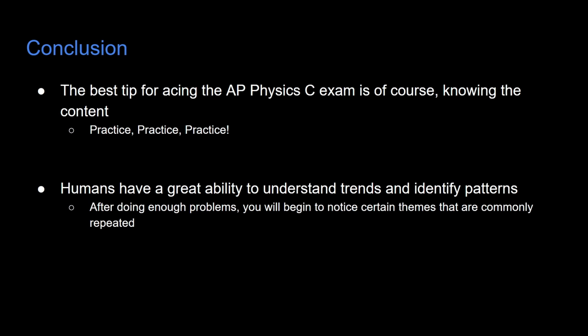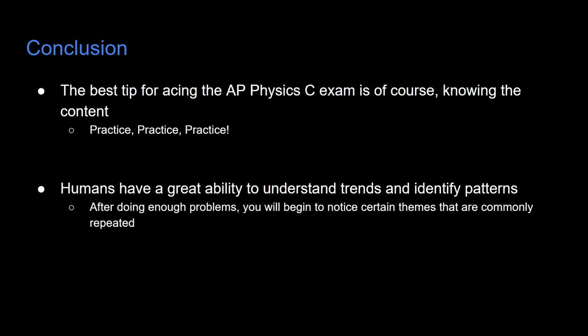So in conclusion, the best tip for acing the AP exam is, of course, knowing the content. Practice is going to get you exposure to all of that. But again, if you do enough of these exams and past papers, you really get to see the patterns. By doing these exams, you see how they ask questions, and you'll notice the common themes of the questions.